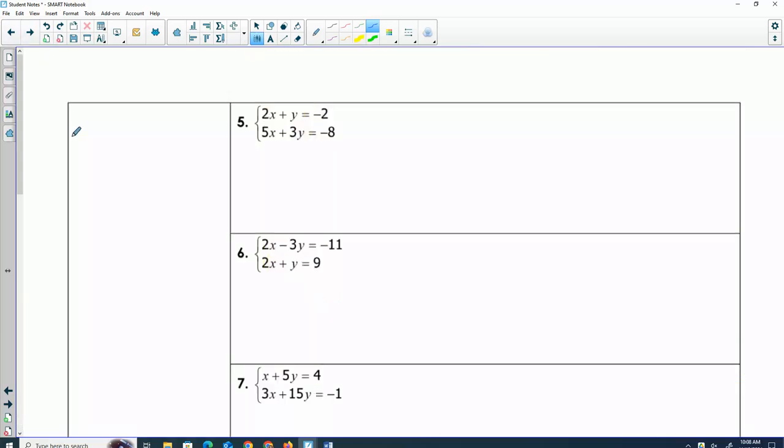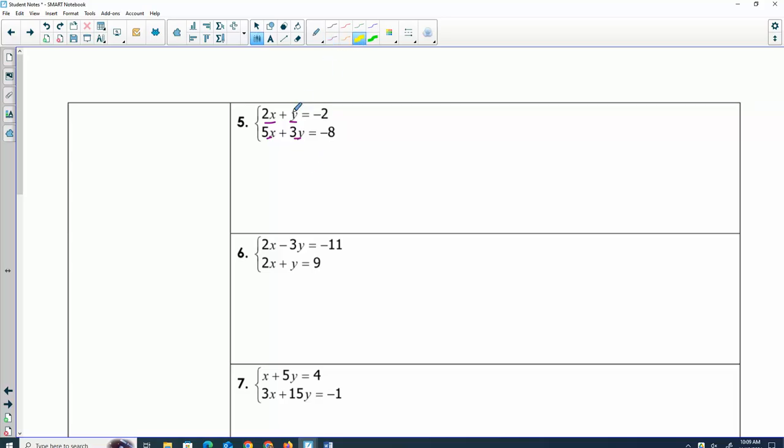Because, does one of my equations start x equals or y equals? No. So we are going to have to solve one of them. Out of these 4 variables, I have 2x, y, 5x, 3y. Which one would you think would be the easiest to get by itself?